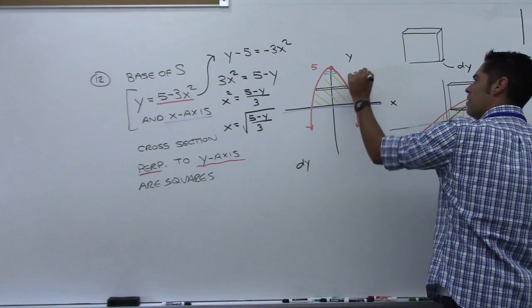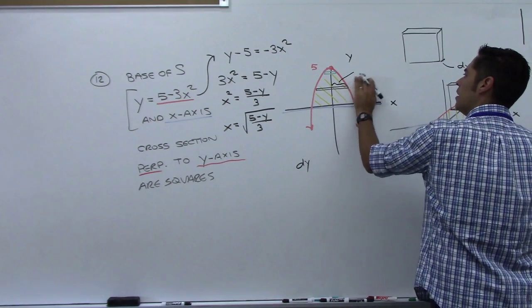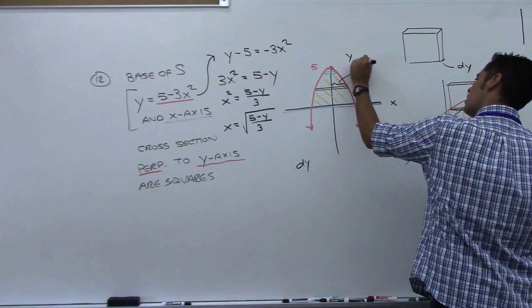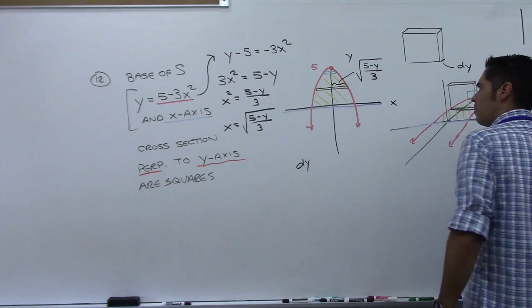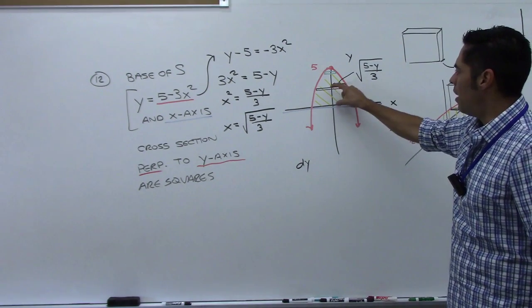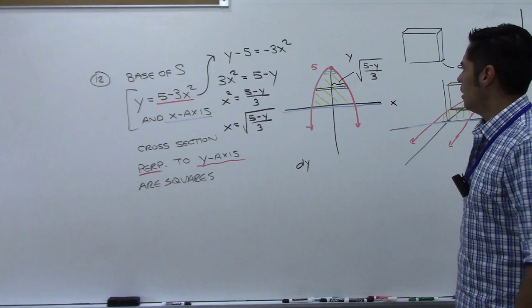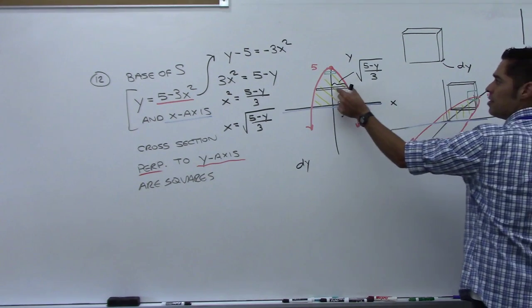So I'm going to say that this distance from here to here is root of (5 minus y) over 3. That's the x value. If somebody gives me the y value, that's the x value. And now that represents just this distance.